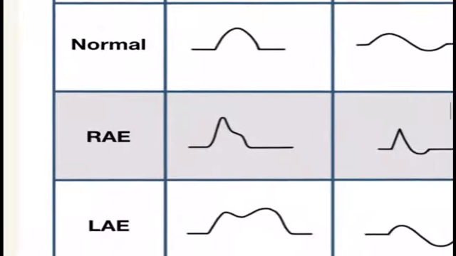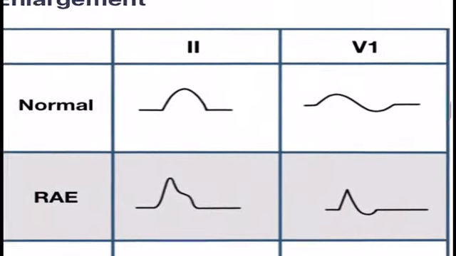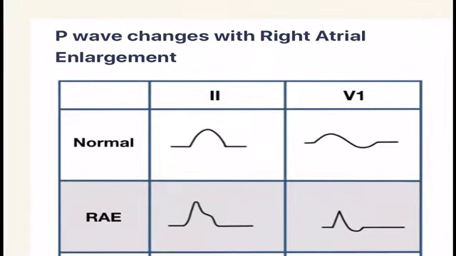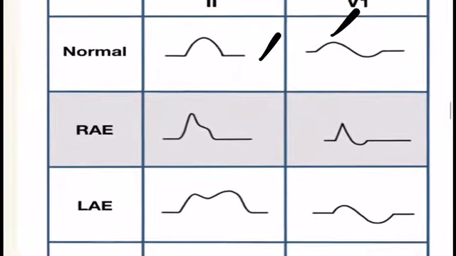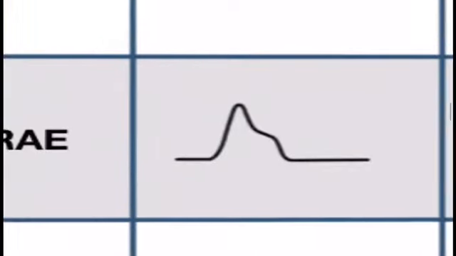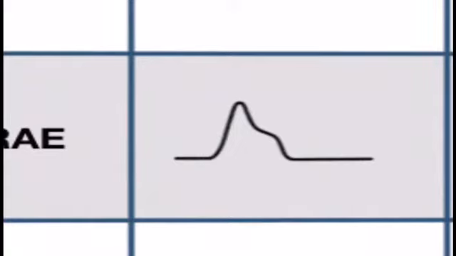So coming back to this photograph, the P wave changes with right atrial enlargement. This was the normal. Now if there is right atrial enlargement in the second lead, we will be seeing a peaked part of the P wave.